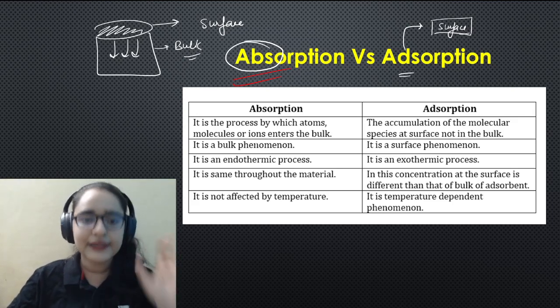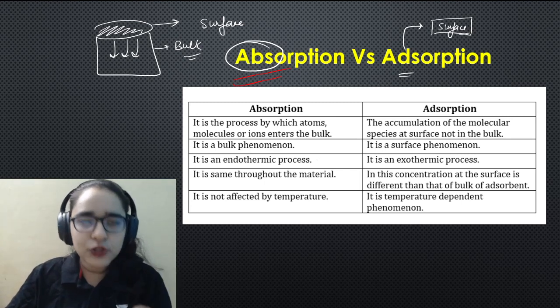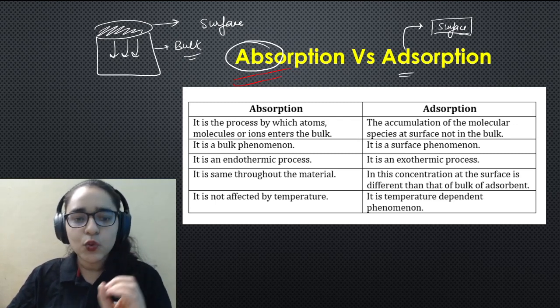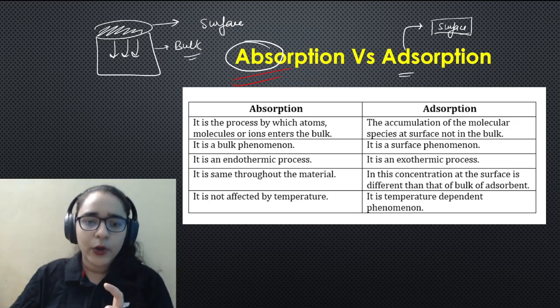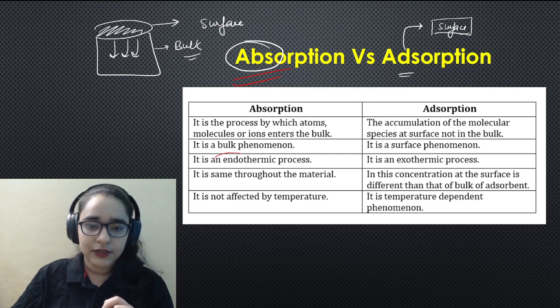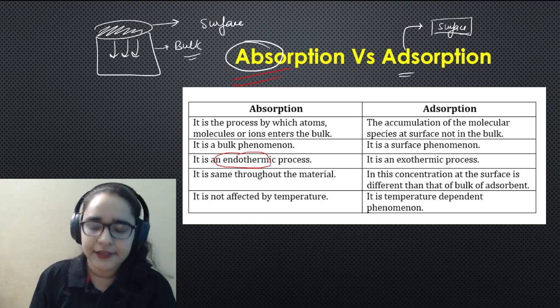I've already said this. Absorption is an endothermic process. It takes much longer, and in terms of enthalpy, you have to give the energy. What do you mean by endothermic process? An endothermic process is when the process requires some external heat, right?